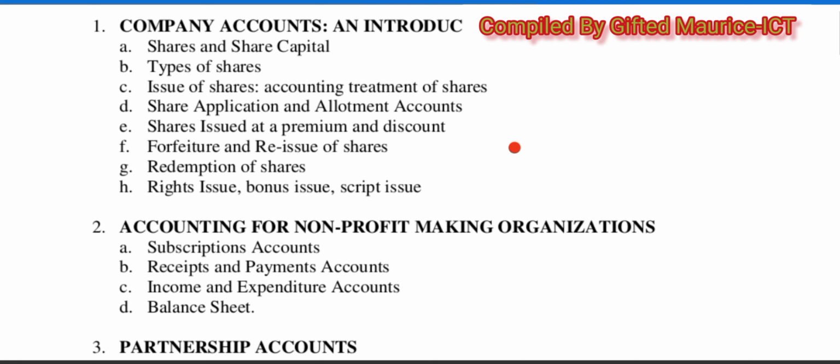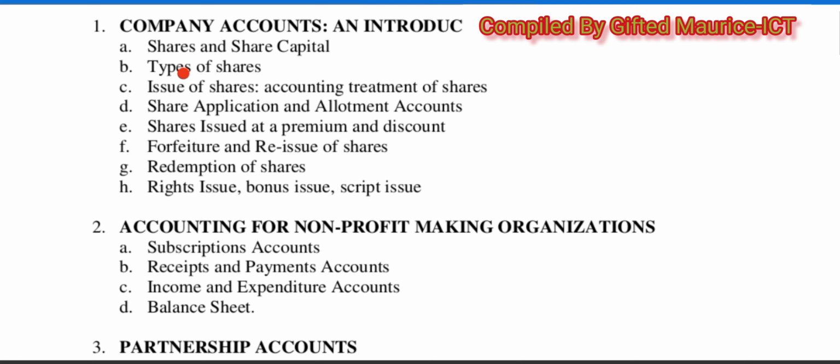So they are preferred. That means they have a particular rate of dividends, and of course the preference shareholders will receive their preference dividends before the ordinary shareholders receive their dividends. The third area that we will be looking at is now the issue of shares.